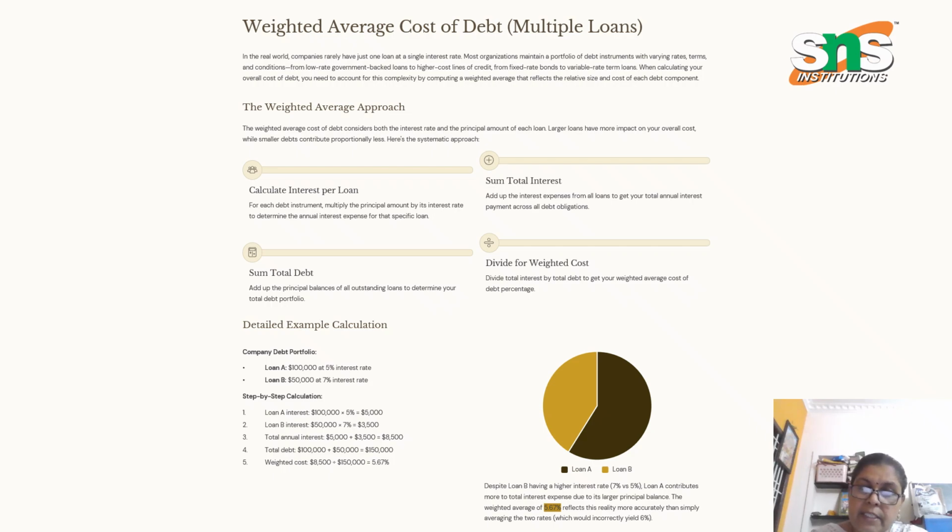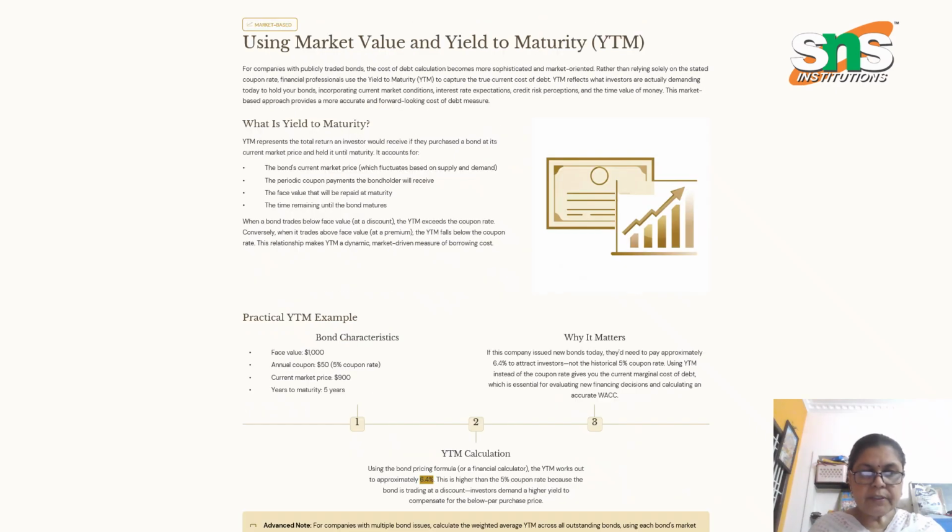When the organization has multiple loans, they go with a weighted average to find out the average cost of capital. The weighted average cost of capital is very important for an organization to determine whether it has selected the best source of fund.